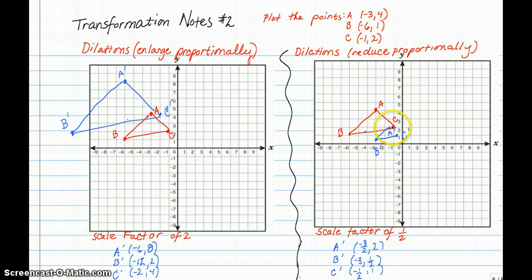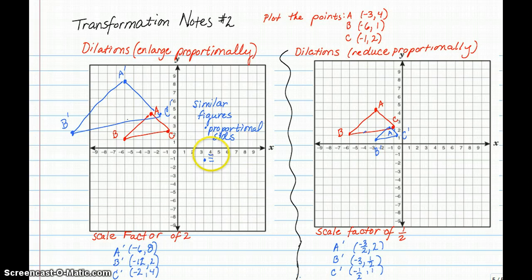There you go. Proportionally, it's still the same shape, so these are similar figures. One more time, your figures are similar, so similar figures have proportional sides and congruent angles.